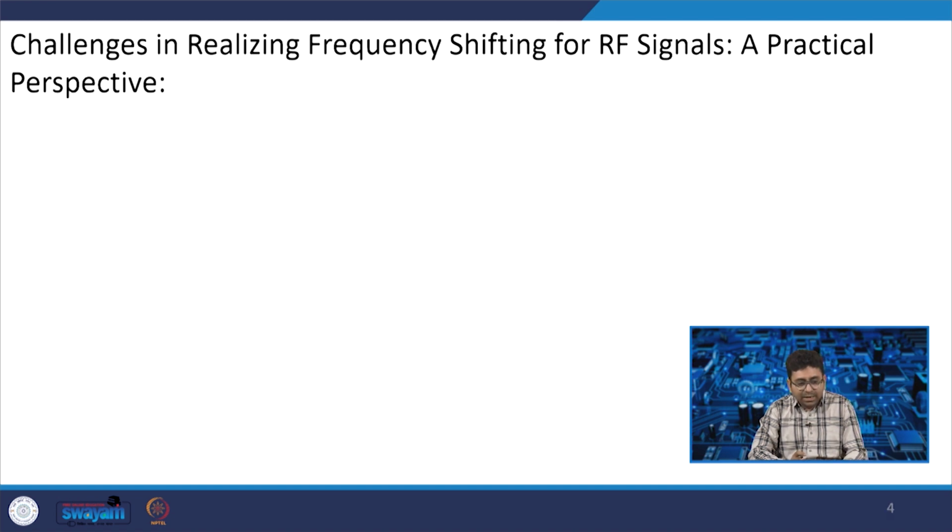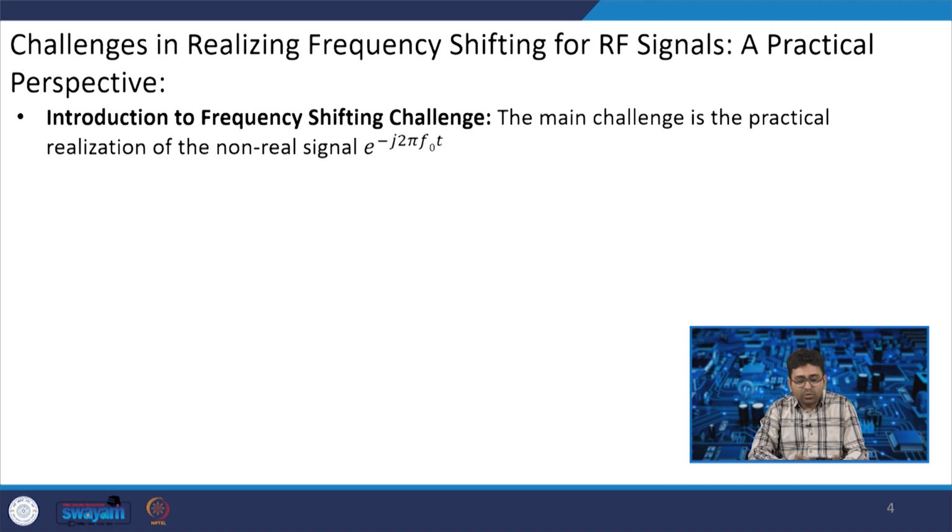So, what is the challenge? The challenge is in realizing the frequency shifting for the RF signal. From a practical perspective, this is the introduction to the frequency shifting challenge: the main issue is the practical realization of the non-real signal e raised to minus j omega naught t, which you can realize as we discussed in the last slide.